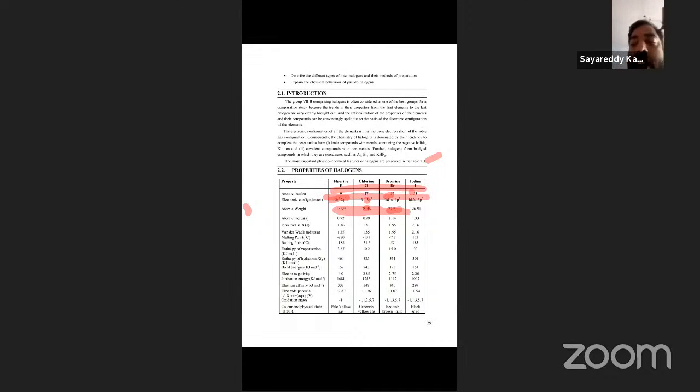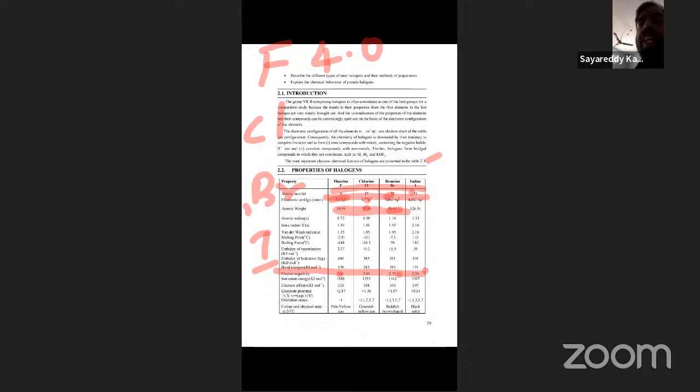Another important point, very, very important: electronegativity. In the periodic table, the most electronegative atom is fluorine, with a value of 4.0.